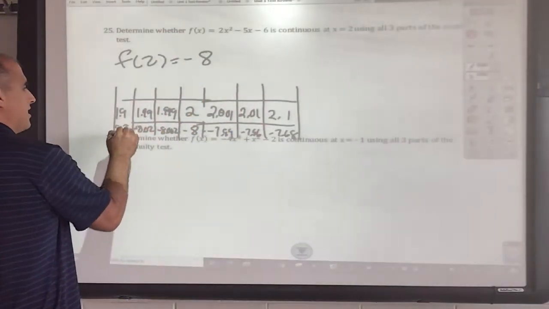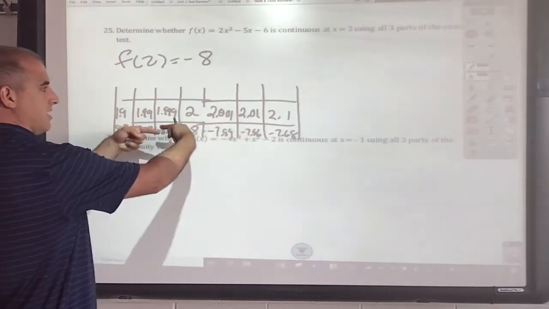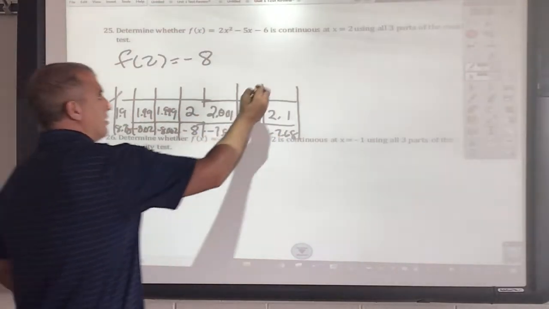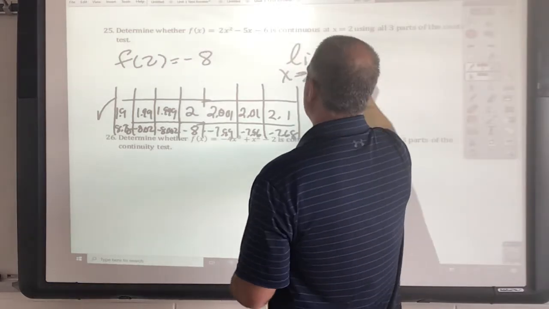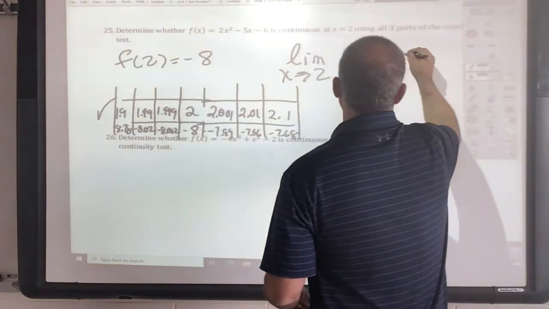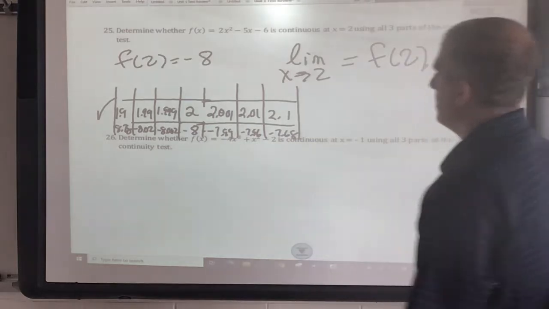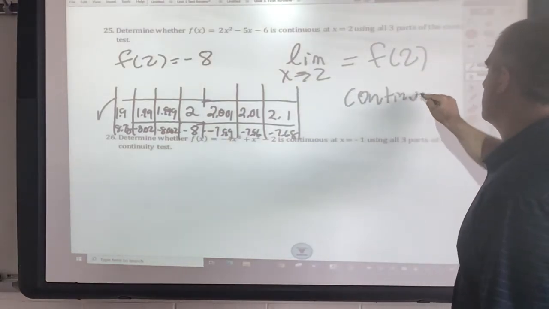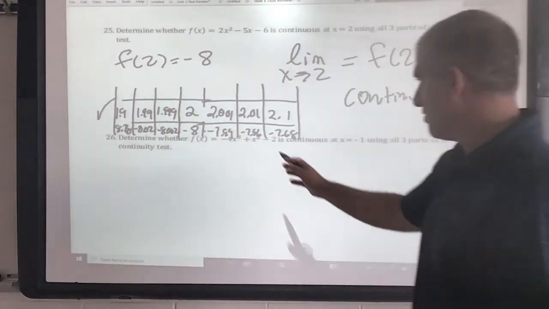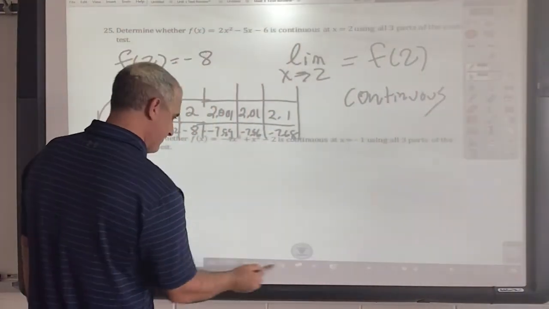As you can see, both of these are approaching -8. So this is good. The limit as x approaches 2 equals what f of 2 was, and that's why this is continuous. And I do the same thing for this problem here.